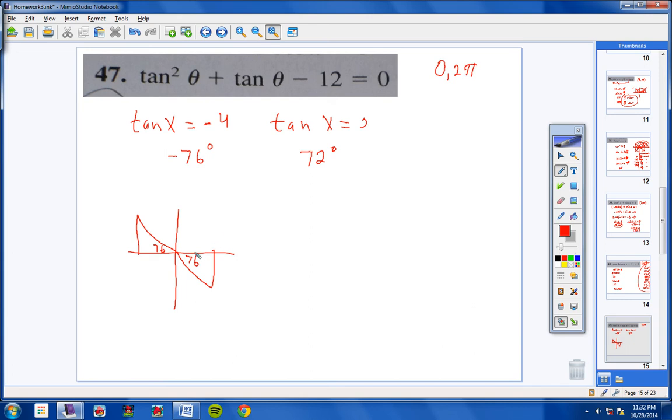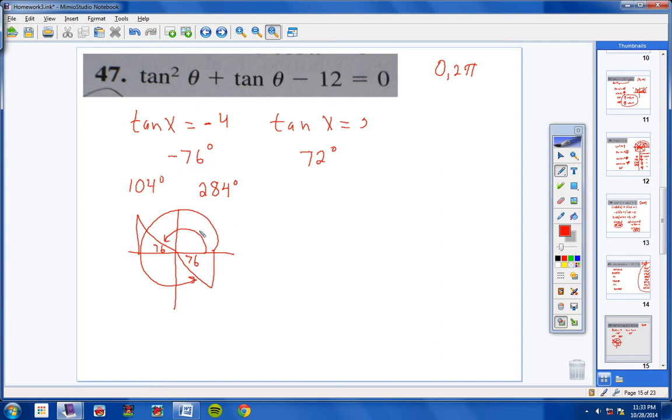So I'm going to start here and go like this. One answer would be 104. Okay, and then start here and go like this. And one answer is going to be 360 minus 76, which is 284. Now, students, understand that 284 is the exact same thing as negative 76.